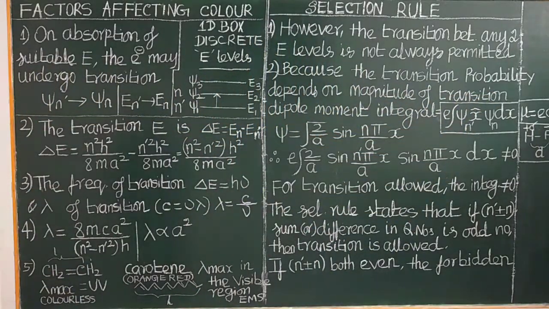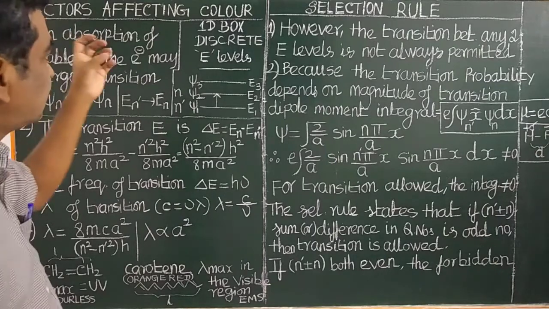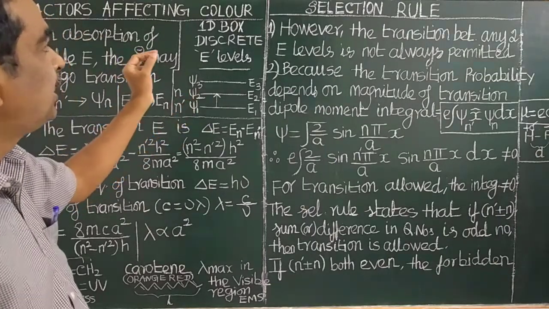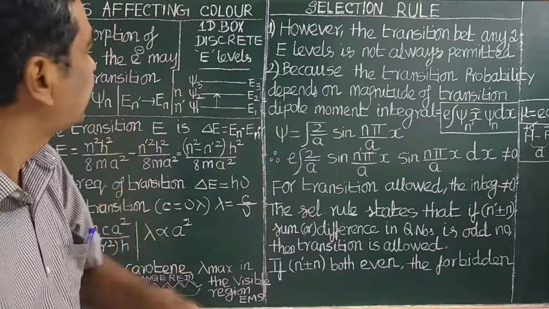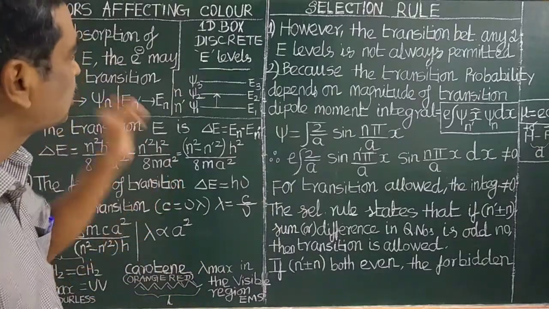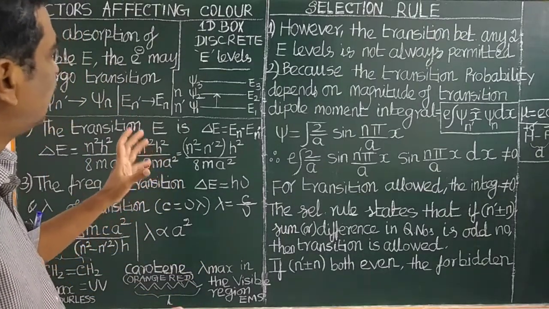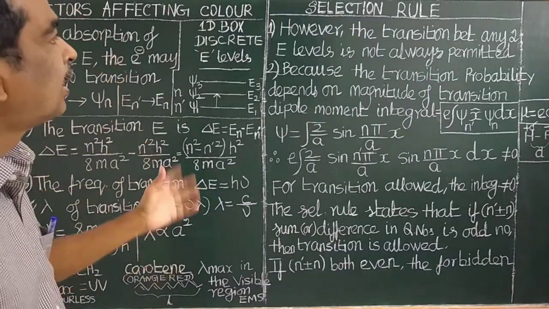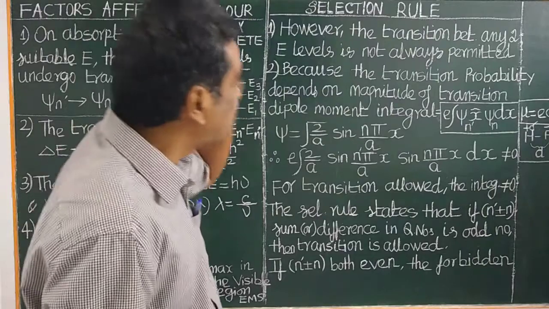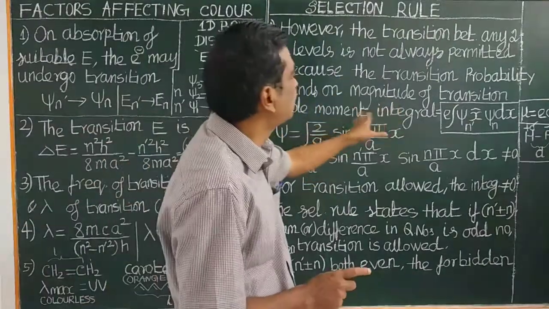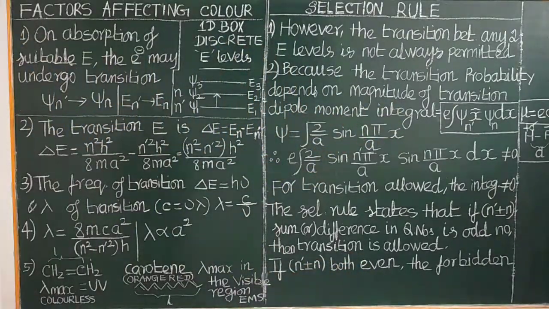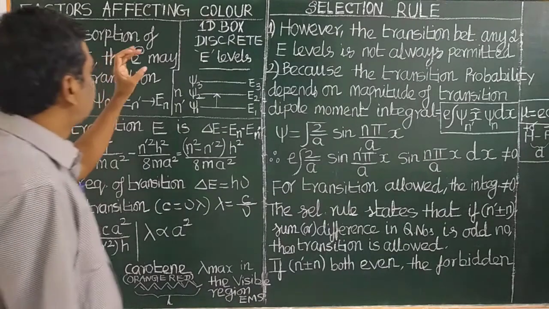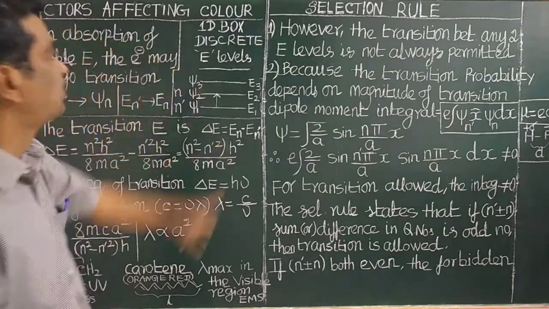Okay, first we will see what are the factors influencing color, especially with reference to one-dimensional box. Using one-dimensional box problem, we will see what are the factors affecting the color and obtain the selection rule from the transition moment integral.